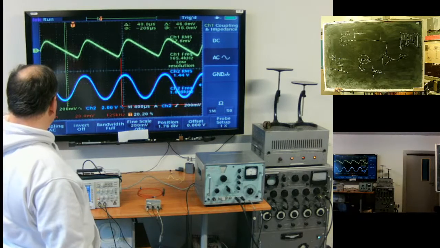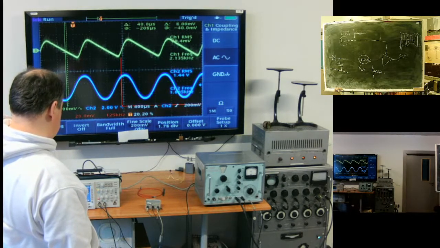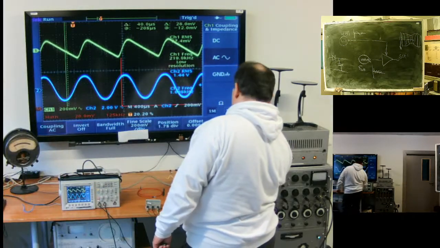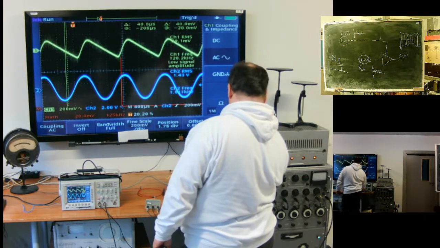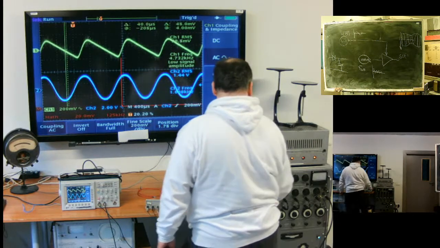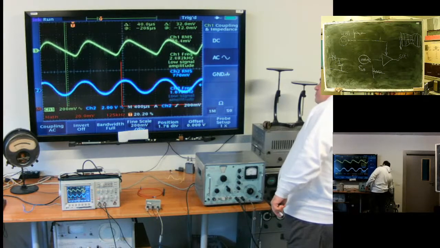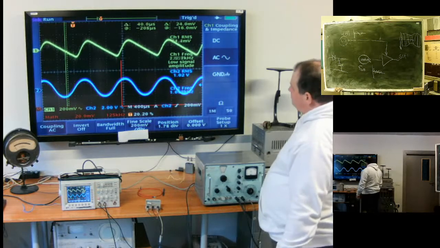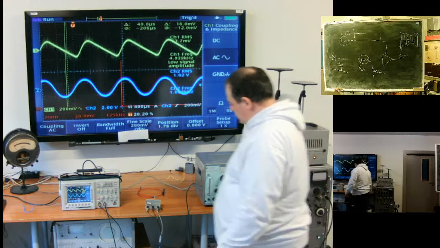Not the best one. Switch to lower frequency. Not ideal, but something.